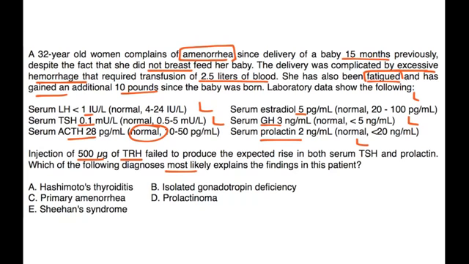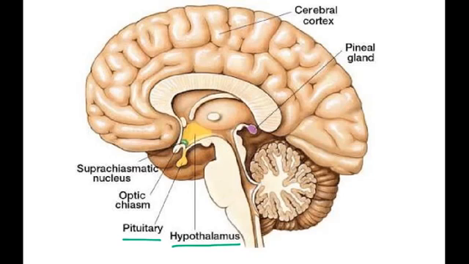Then what happened is they gave this TRH. Now that is a hormone that comes from the hypothalamus. Hypothalamus is right here. And the fact that it's so close to the pituitary is because the hypothalamus stimulates the pituitary.